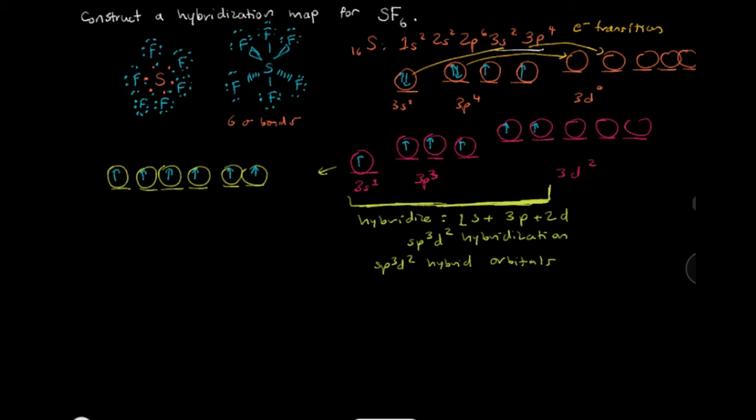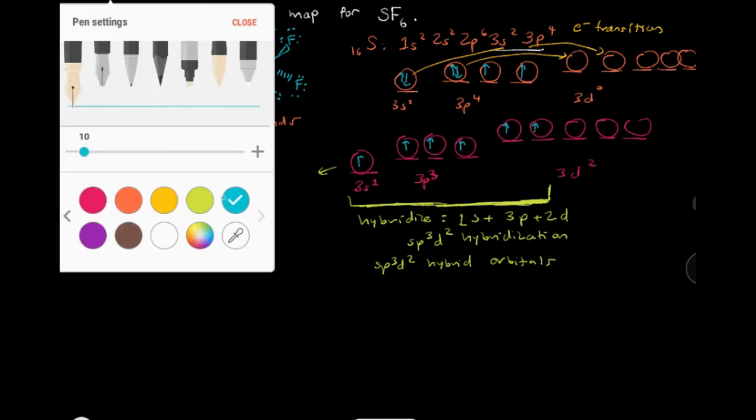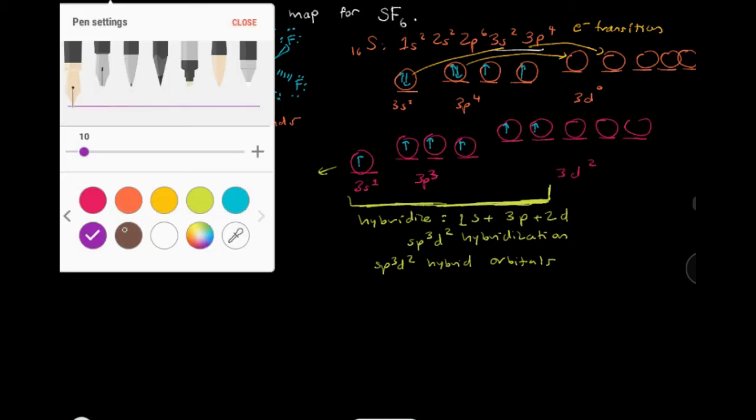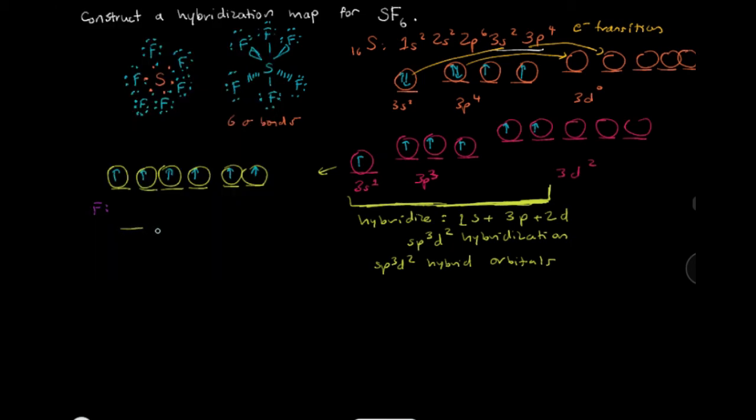I think from our previous lesson, we also said that fluorine, which I'll do in purple, is going to undergo sp3 hybridization, right? So you guys can review the previous example.